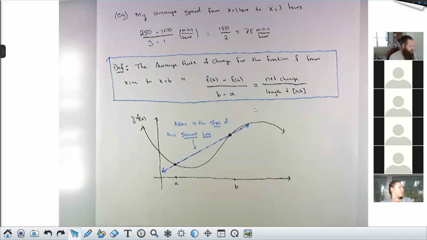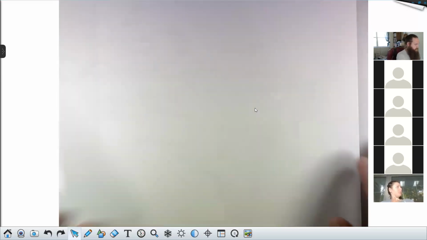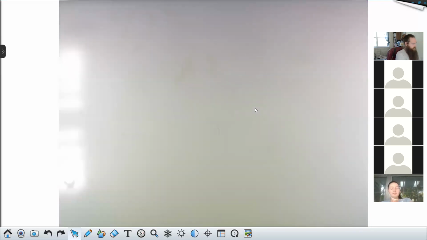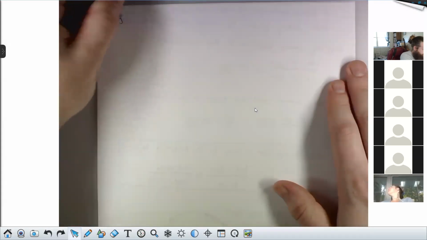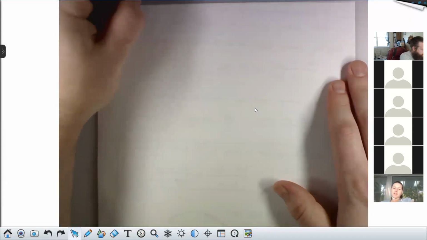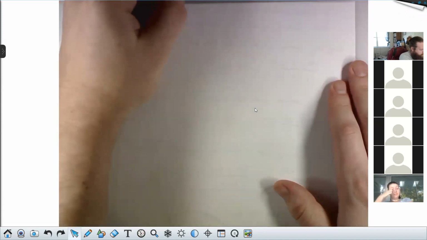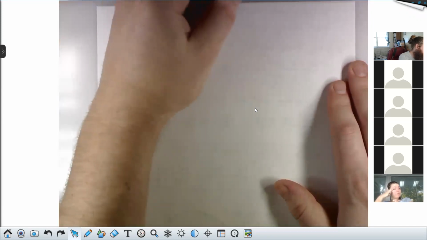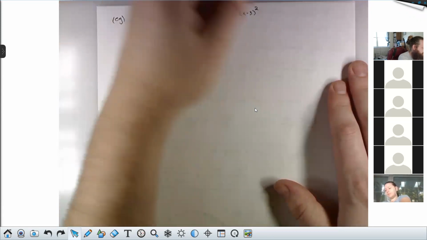Let's look at an example or two. Let's find the average rate of change for the function f of x equals (x minus 3) all squared.